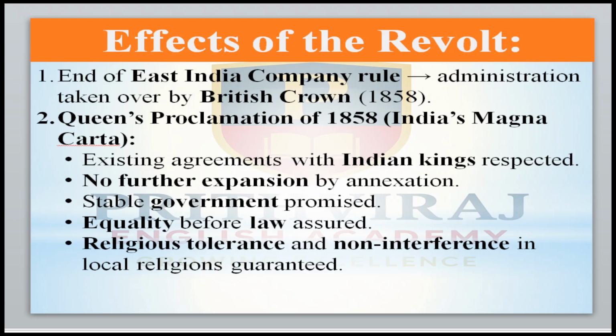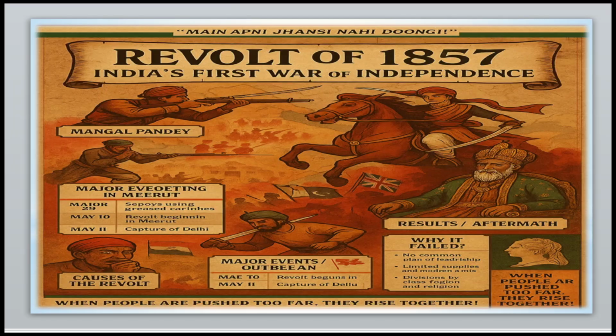According to it, existing agreements with the Indian kings would be respected, with no further expansion by merging states. A stable government was promised by the British. Equality before the law was assured, along with religious tolerance and non-interference in local religious matters.